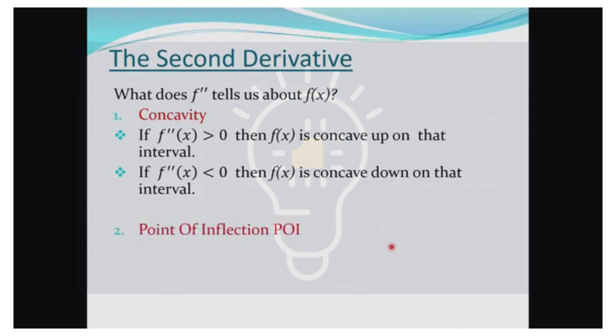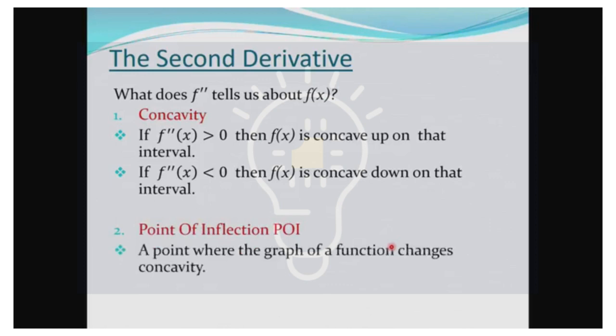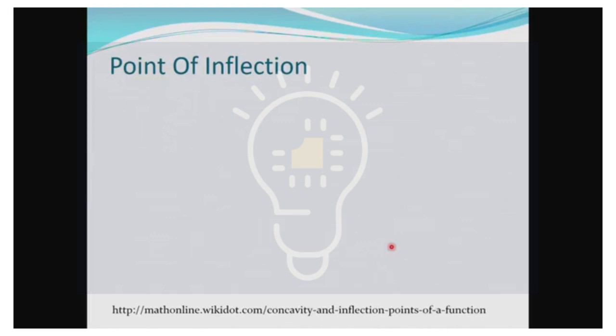The second thing that the second derivative tells us is where we have our point of inflection. What is the point of inflection? A point of inflection is a point where the graph of a function changes concavity. And how do we get the point of inflection? By doing the second derivative and equating it to 0. We solve for x and then we get our point of inflection.